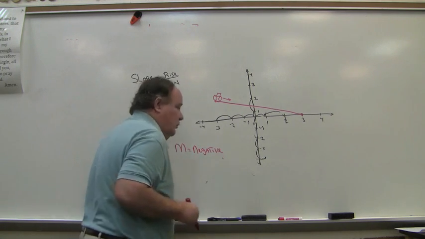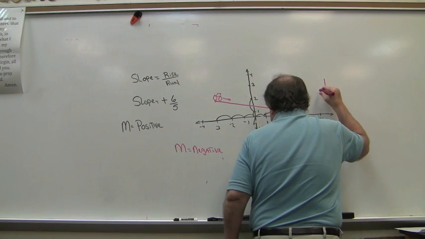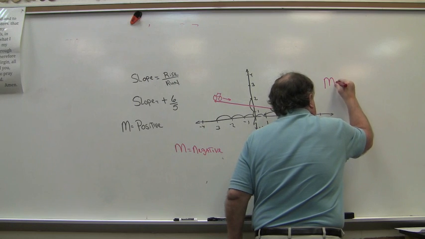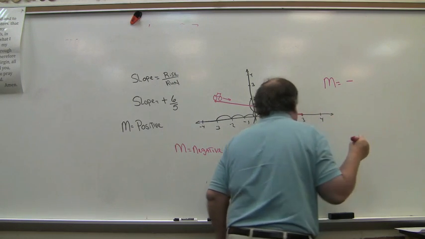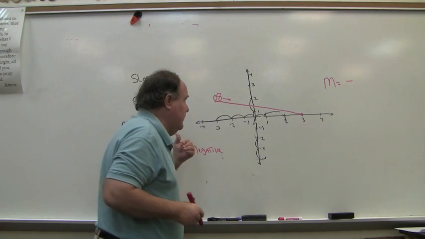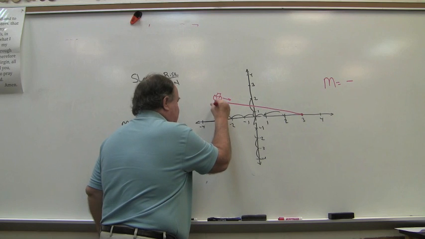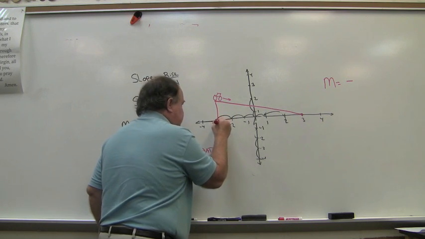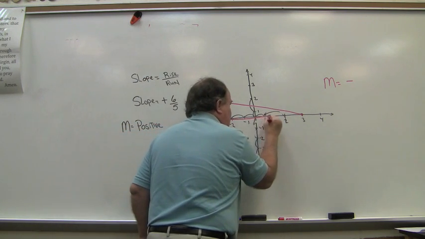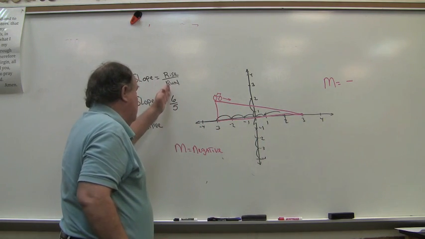Okay, so right away I'm going to come over here and write my slope, which I can write as m. My slope is going to be negative, and I don't know what my slope is yet, but I'm going to come back here and I'm going to make a right triangle out of it. Okay, so here's how I like to make my right triangle. I come down to the 3, and I go across this way. Now we already know that the slope is my rise.